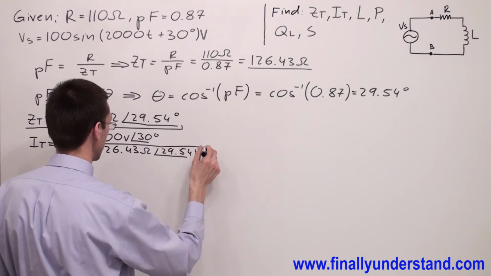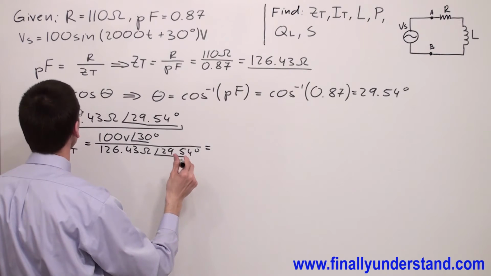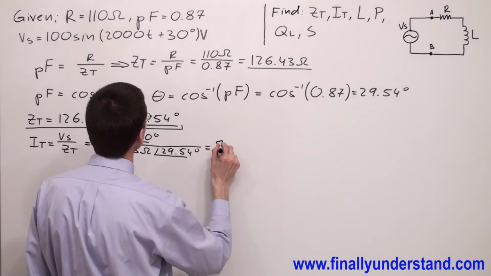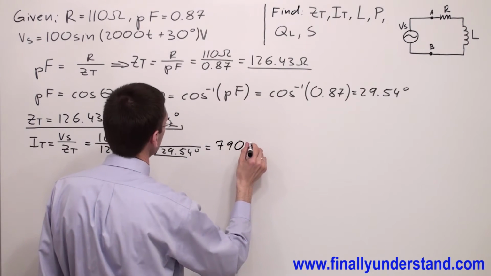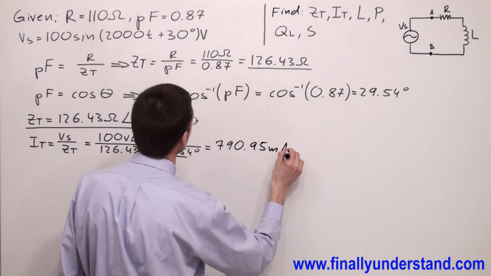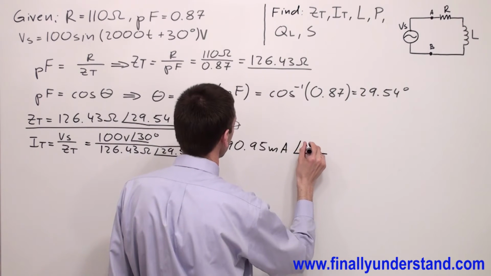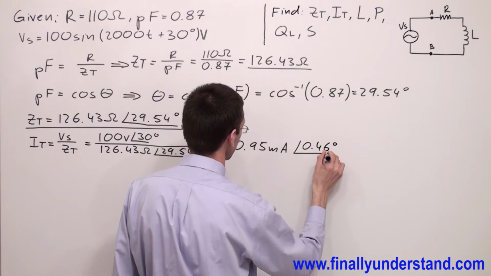So I have the value of my current equal 790.95 milliamps and angle of 0.46 degrees.